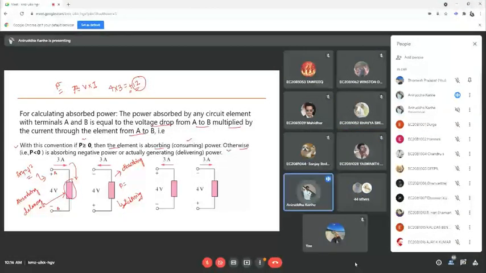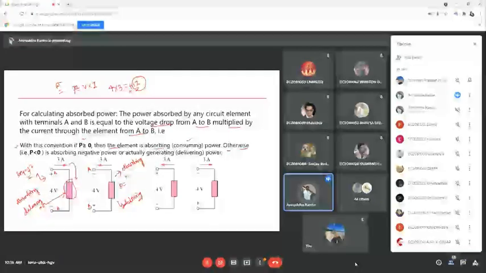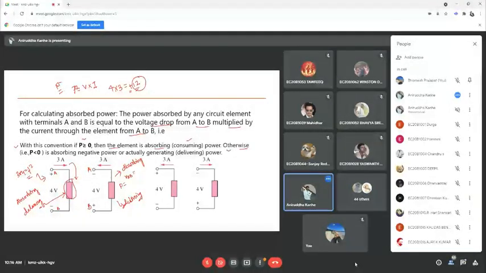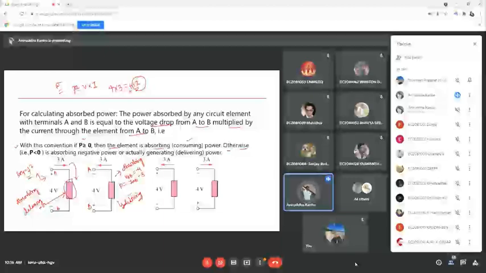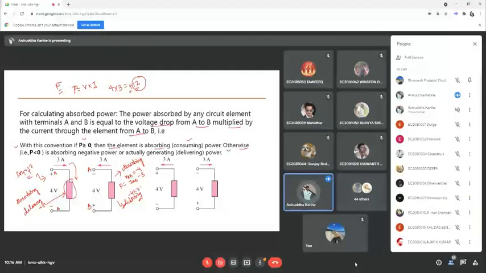Why is it absorbing? Because if you consider this as A and that as B, then the voltage AB is minus 4 and the current flowing from A to B is minus 3. So minus 4 into minus 3 leads to plus 12, and hence it is absorbing.